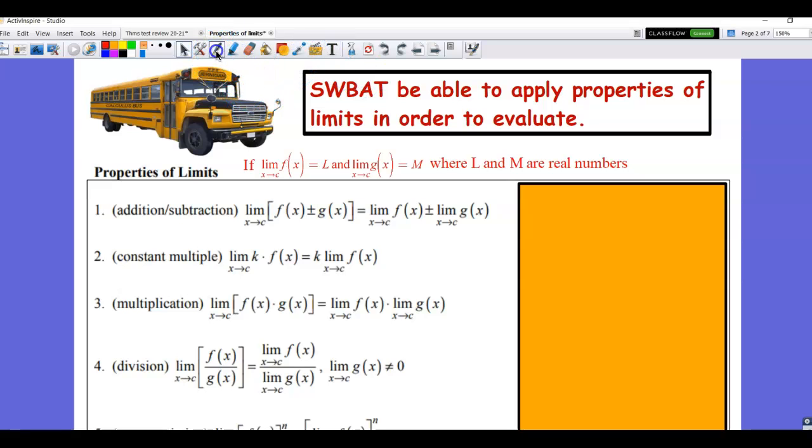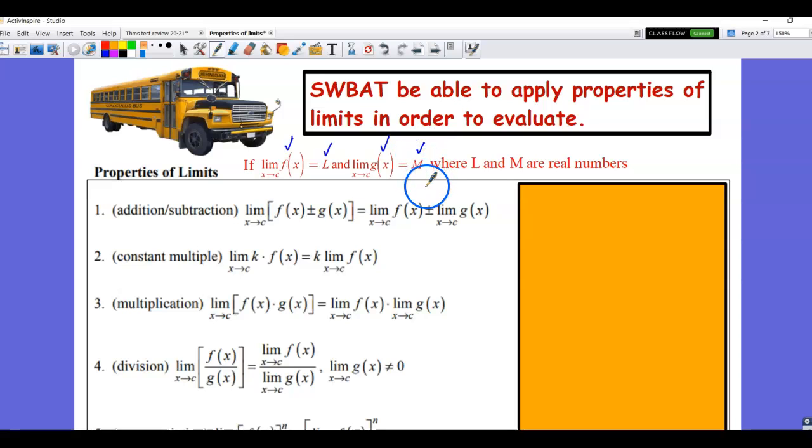So understand that here's the condition: the limit as x approaches c of a function. So we have a function whose name is f of x, and the limit as x approaches c is a number whose name is L. So meaning that the limit as x approaches c on this function does exist, and it's a number L. And the limit as x approaches c on a different function, g of x, gives you a y value of m.